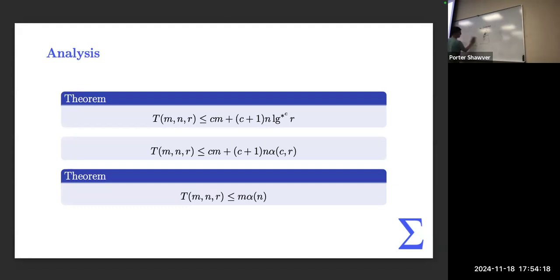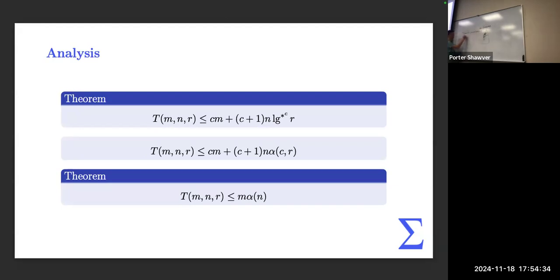Actually, I skipped a few steps here. So T of n, r equals (c plus 1) m alpha c r.